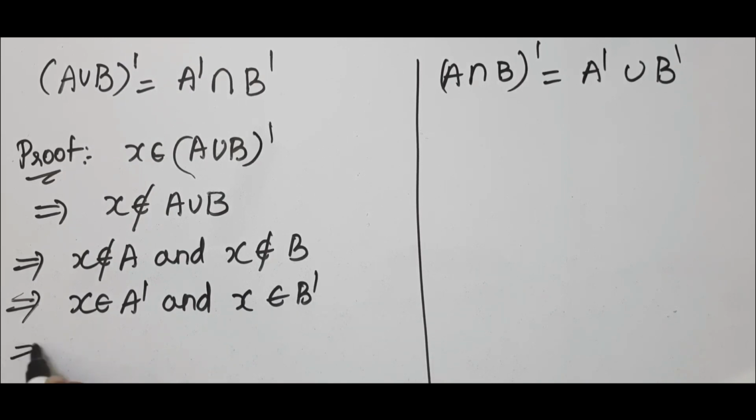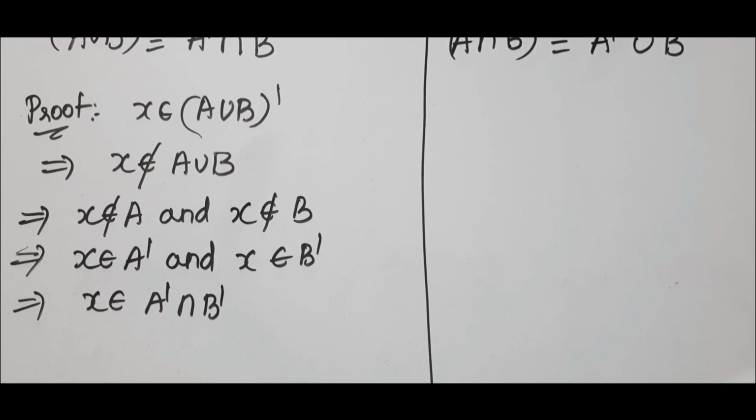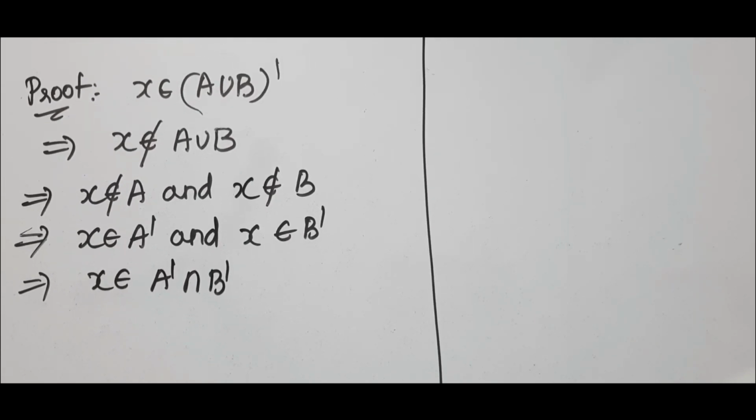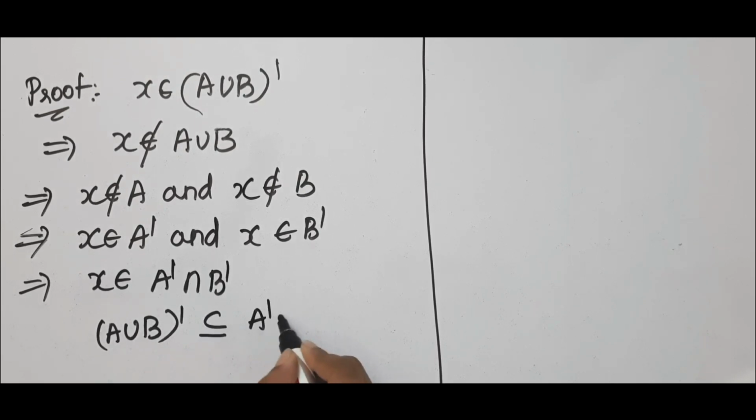So we can say that X belongs to A complement, as and is there, intersection B complement. So we have proved that X belongs to A union B whole complement and the same X belongs to A complement intersection B complement. So we can say that A union B whole complement is a subset of A complement intersection B complement.